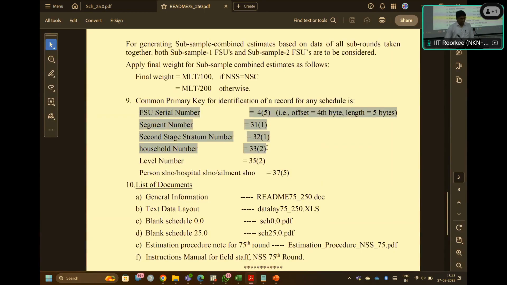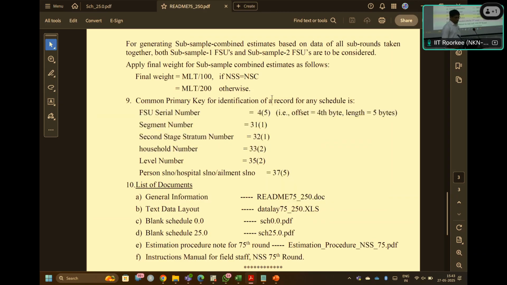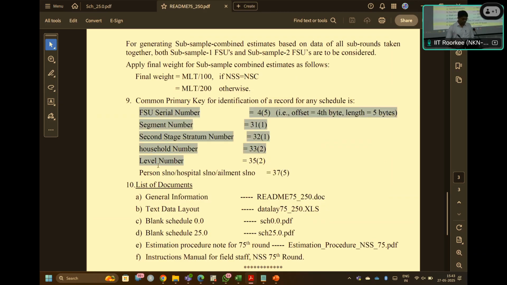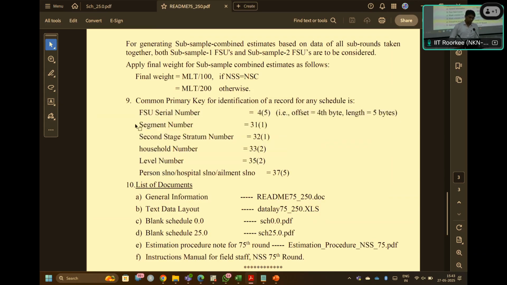I have highlighted here: till this FSU, segment number, second stage stratum number, then household number. If you combine these 4 variables together, you will get your household ID, the household common ID. If we combine all together, including person serial number, you will get a person ID, a person combined or unique ID. Now one is at the household level, another is at an individual level.